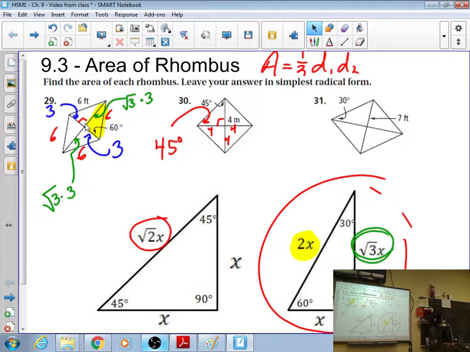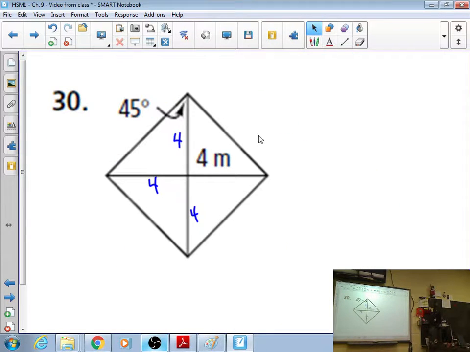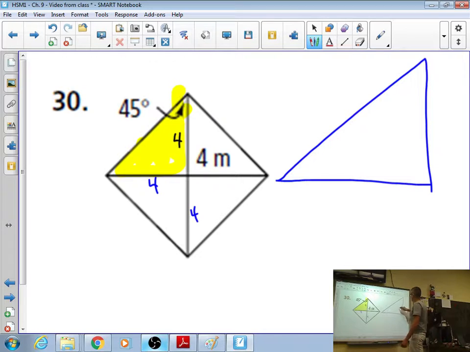They bisect each other. So if I blow up one corner of this, and let's say that this 4 went here, to start, this is all that I know.